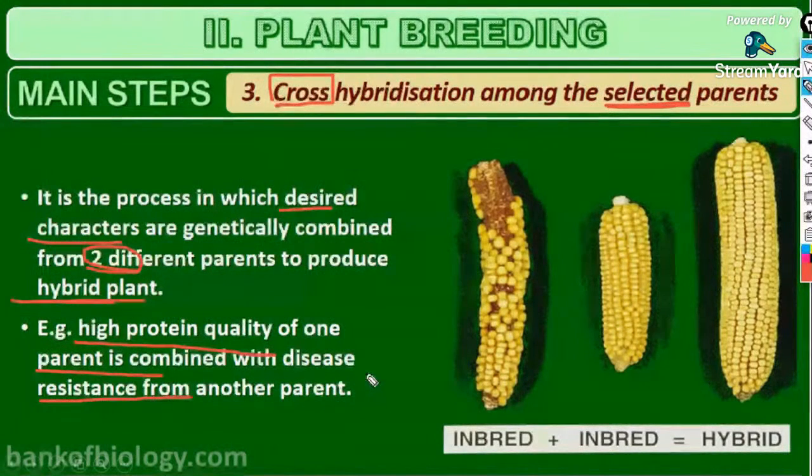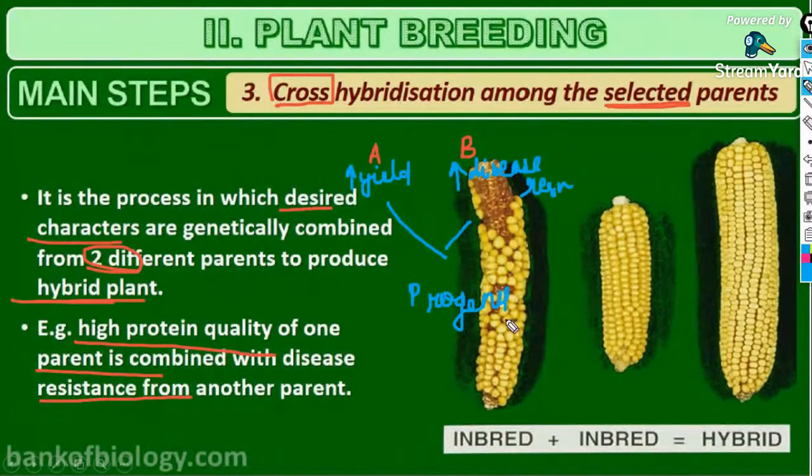Okay, so see the cross between plant A and plant B. Plant A is a high yielding variety, and plant B is highly disease resistant. So when you cross these two, you will get a particular progeny.